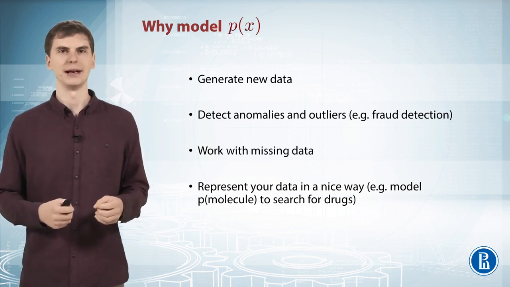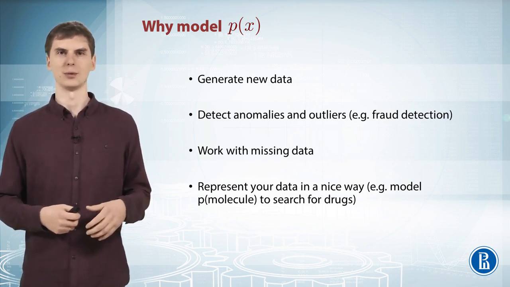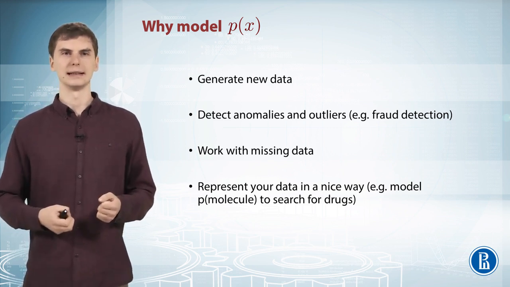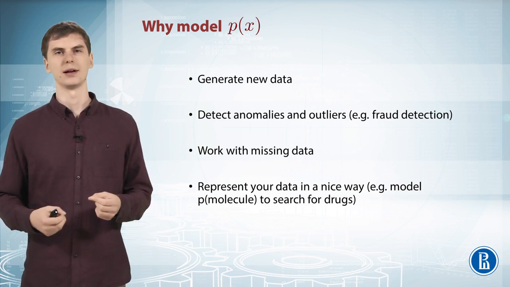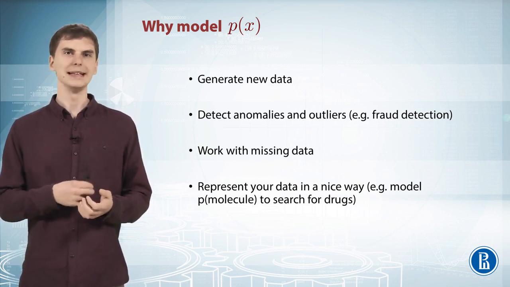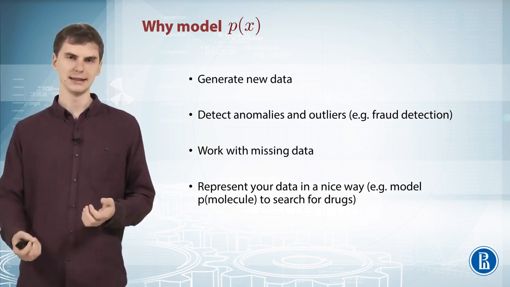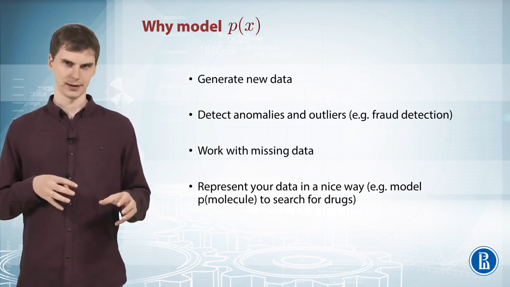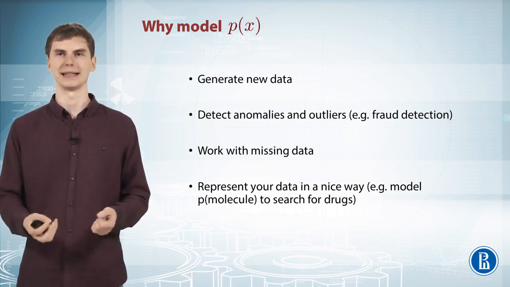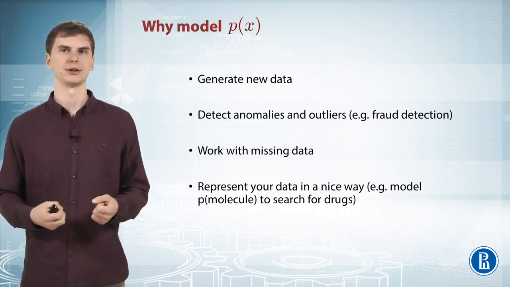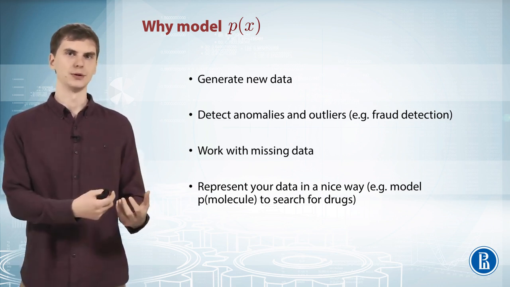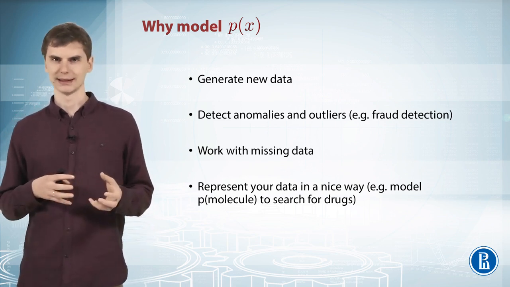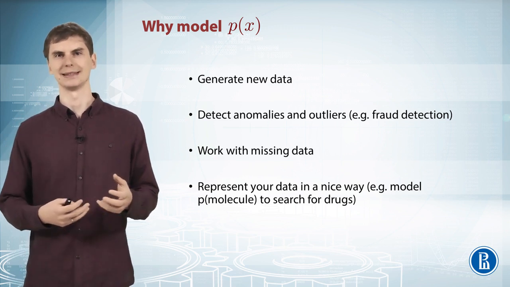And this is not some inherent property of modeling data with p of x, but as we will see in the models we will cover, it kind of comes naturally. So it will give a latent code to any object it sees, and then we can use this latent code to explore the space of our objects nicely. So for example, people sometimes build these kinds of latent codes for molecules and then try to discover new drugs by exploring this space of molecules in this latent space.